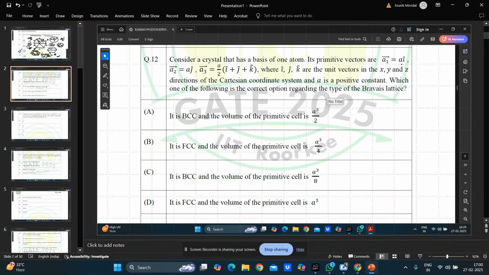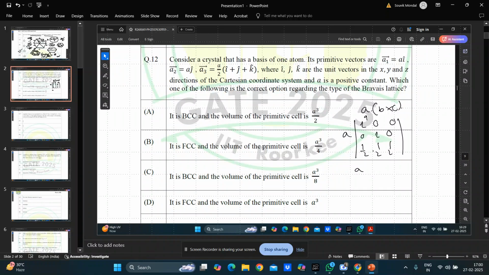For this question, some primitive lattice vectors are given, and you have to calculate what kind of lattice it is, and what the volume is. The first thing is you can calculate directly: the formula is A dot B cross C. For A1 it is 1 0 0, for A2 it is 0 1 0, and for A3 it is half half half, right?